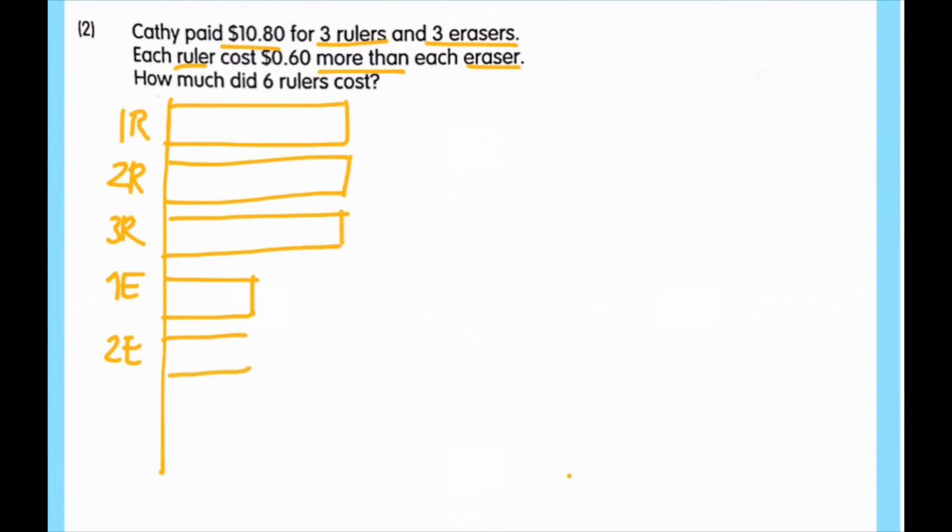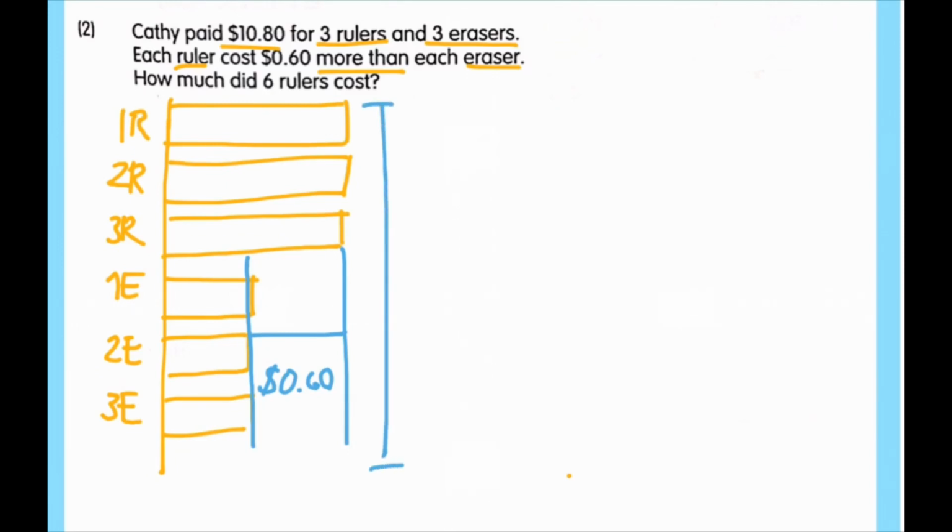What is the difference between 1 eraser and 1 ruler? The difference between 1 ruler and 1 eraser is 60 cents. Make sure to label the given numbers. We also know that the total of 3 rulers and 3 erasers is $10.80.